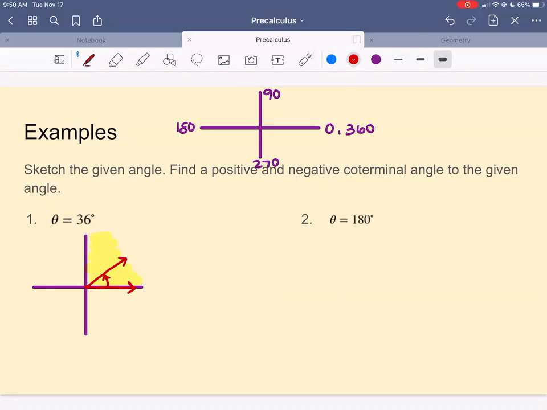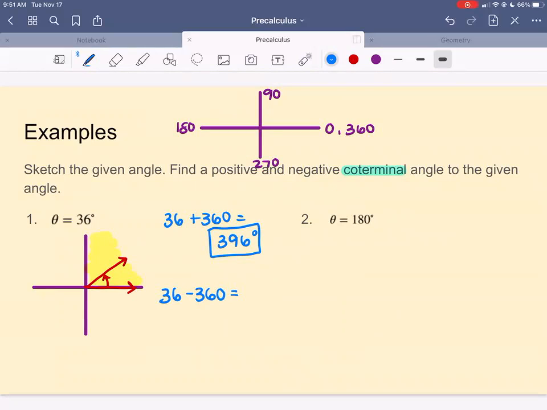Now, to find our coterminal angles, we're always going to add and subtract 360. So we're going to do 36 plus 360. That's going to give us our positive coterminal angle, which is 396 degrees. So that's one of our coterminal angles. And then we're going to do 36 minus 360 to get our negative coterminal angle, because you always want a positive and a negative coterminal angle.